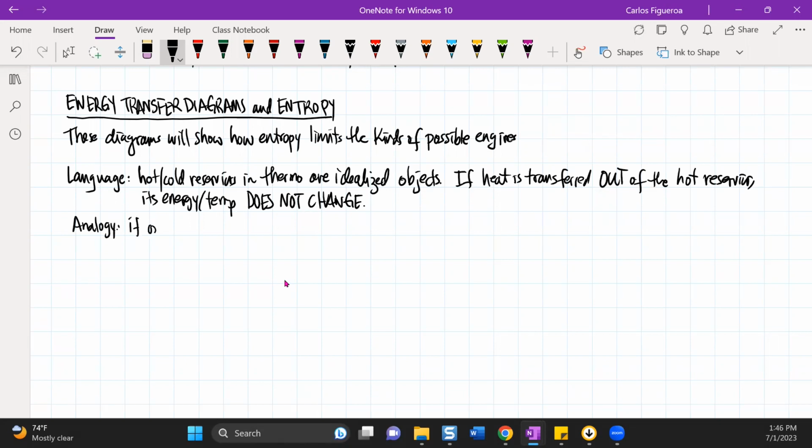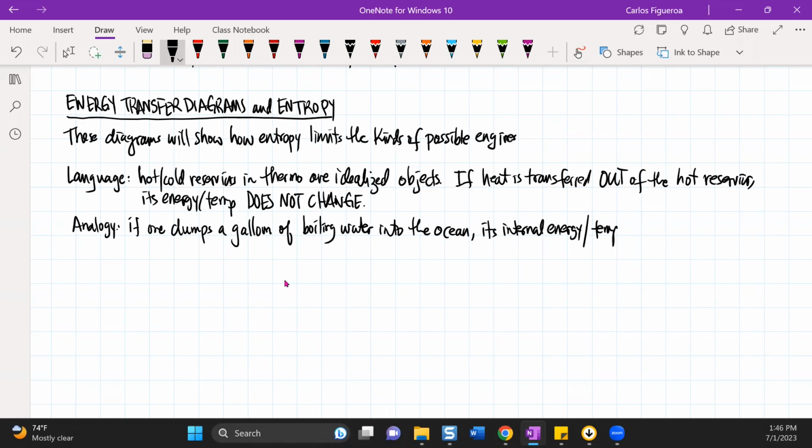So if one dumps a gallon of boiling water into the ocean, its internal energy slash temperature does not change in a measurable way.